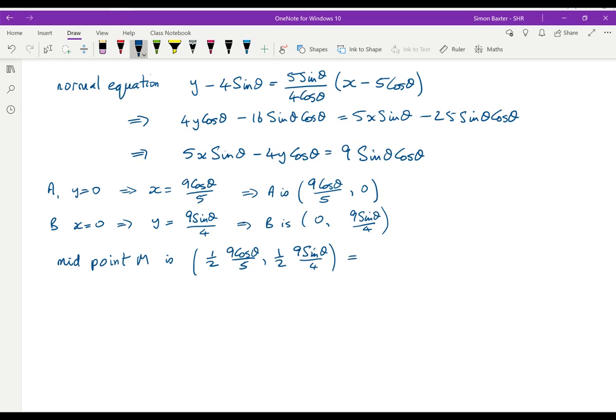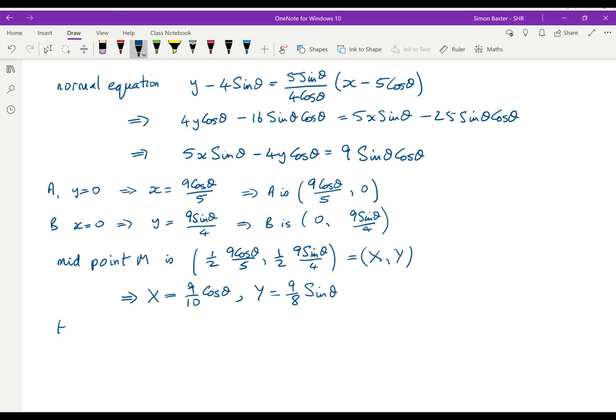Let's take this point as X, Y. Now here, it is a big help to use capital letters rather than small letters, because we're now using x to mean something other than what we meant by x earlier on. So using large X and large Y does help to keep us out of trouble. If we now look at what we've got there, we have that X is 9 over 10 cos theta, and that Y is 9 over 8 sine theta.